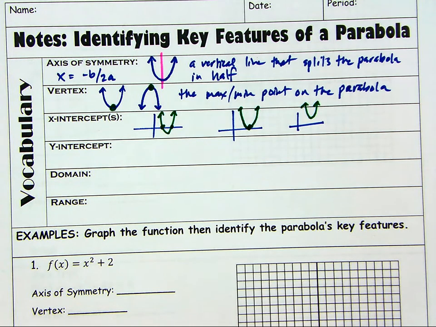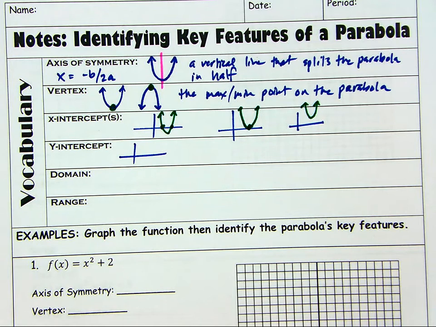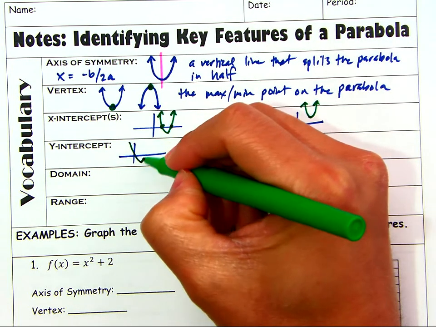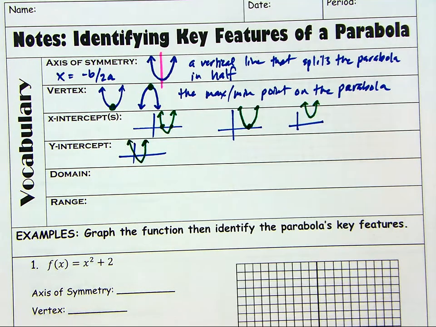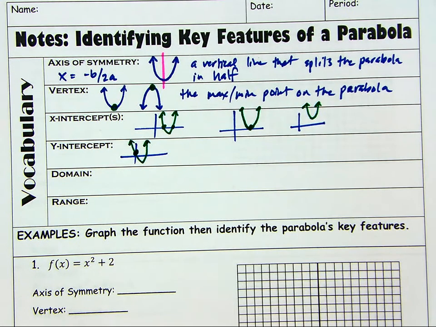Right. The y-intercept is going to be where the parabola crosses the y-axis. So if we had a parabola like that, there would be a point, a location where it crosses the y-axis.